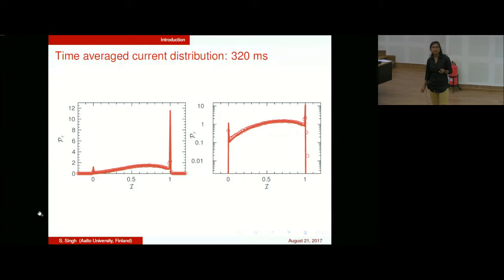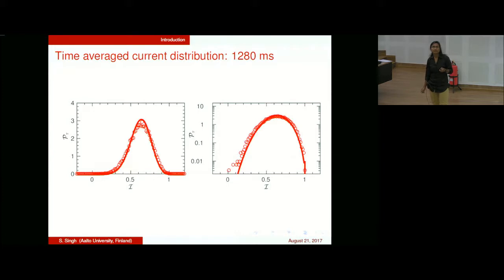The numbers which were contributing to the peaks are going in the midway, and in the logarithmic scale it's quite visible. So when I go from 320 milliseconds to 1 second, I see a very nice distribution. In the logarithmic scale, it looks almost like a Gaussian, and in the linear scale, you see these rare events as well.